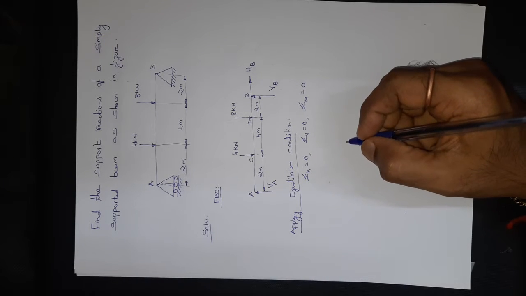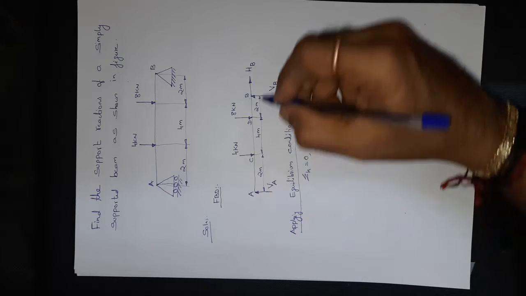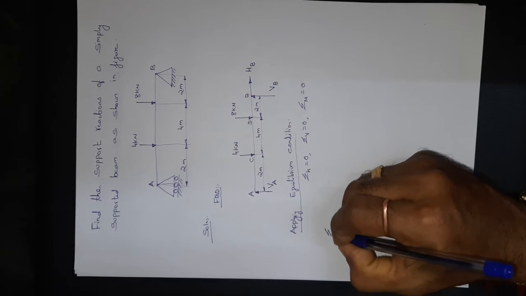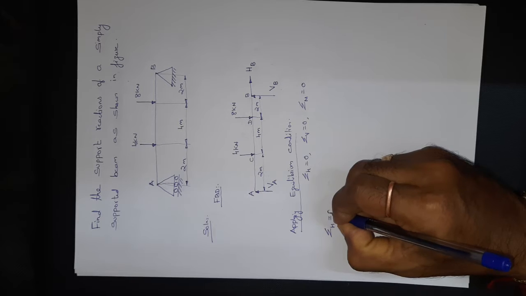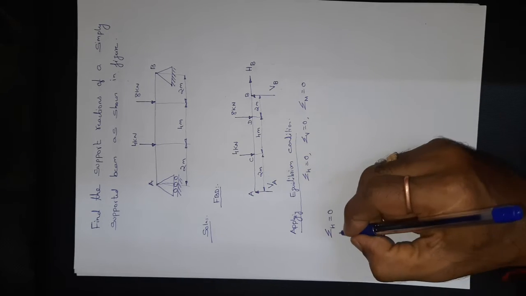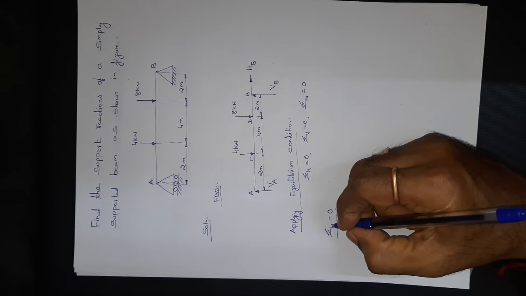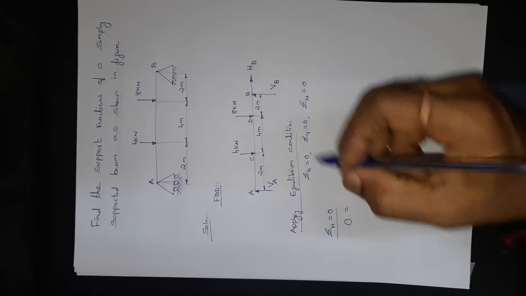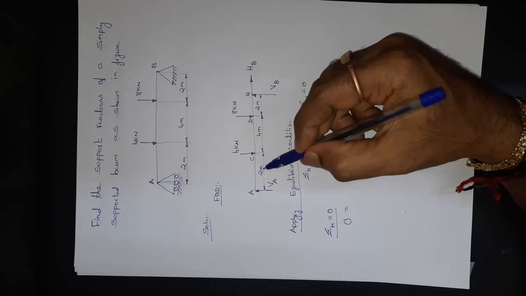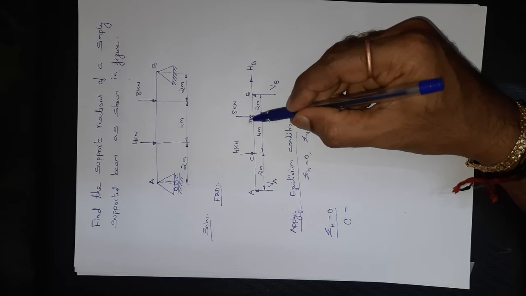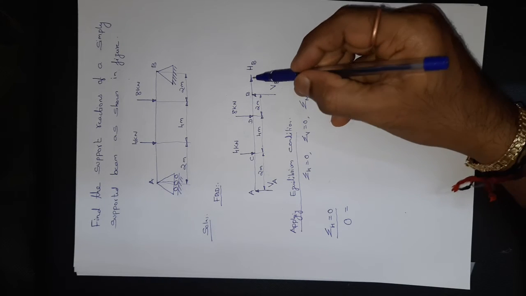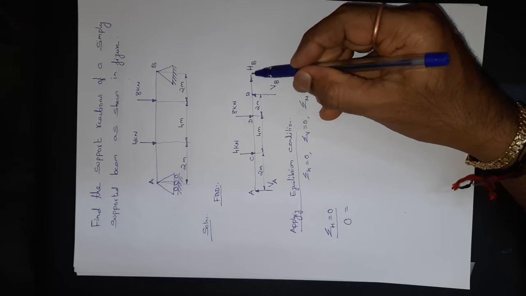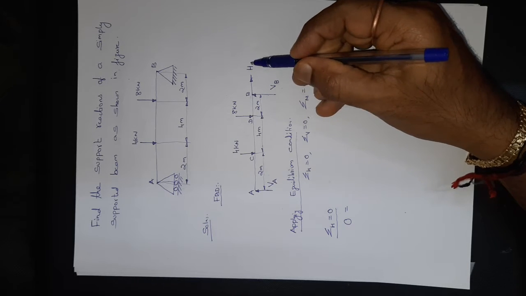Right. Now I'm going to resolve the horizontal forces first. Summation of H is equal to 0. How many horizontal forces are there? Look here. This is vertical, vertical, vertical, and this is horizontal, which is acting in the positive x direction.